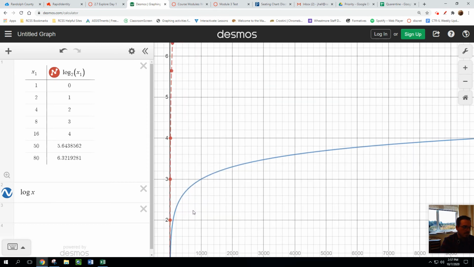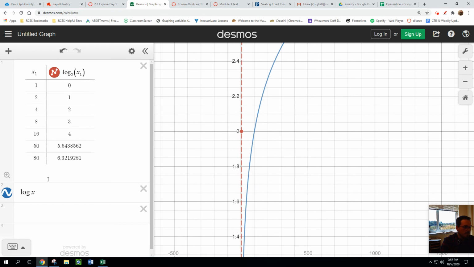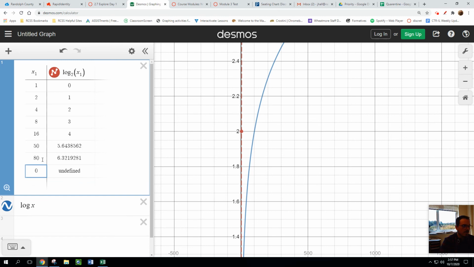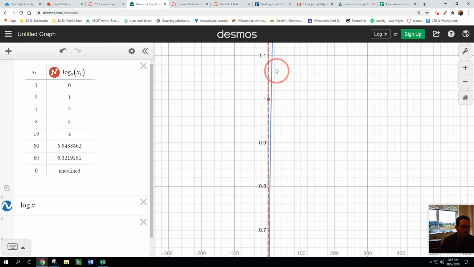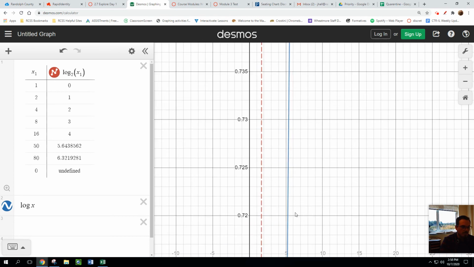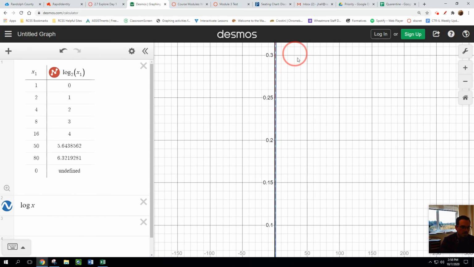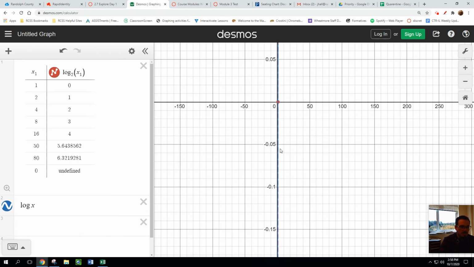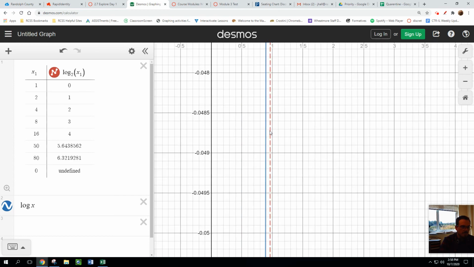Do they ever meet? Well, you might say they meet at 0. But if I was to come back here and plug in a 0, it doesn't exist. So in actuality, they never really meet. And you can keep scrolling in, but the more you scroll in, the further away it gets, even though it looks like they're going to touch. I can come all the way down here to where it looks like they're the same thing. But the further I zoom in, the further away they get.